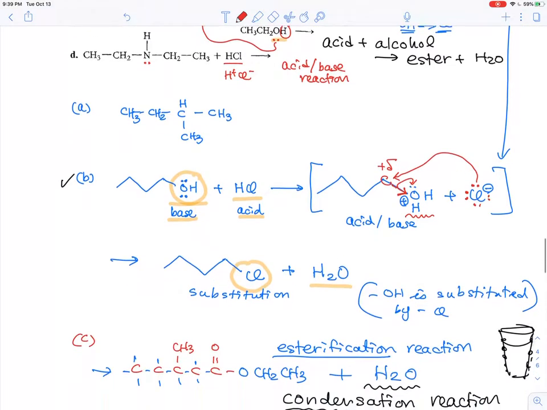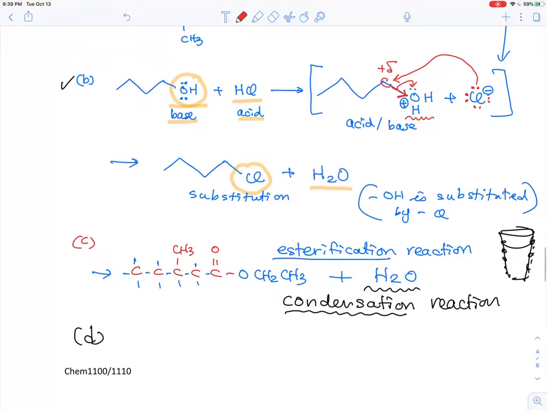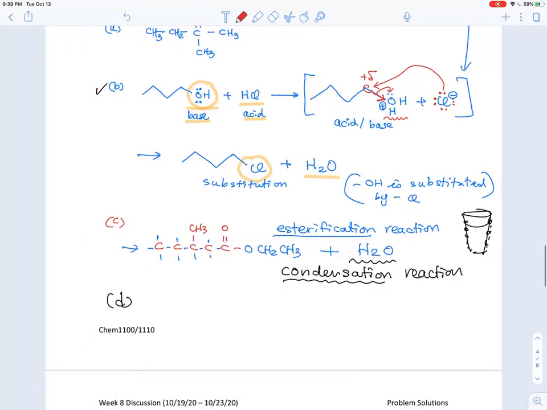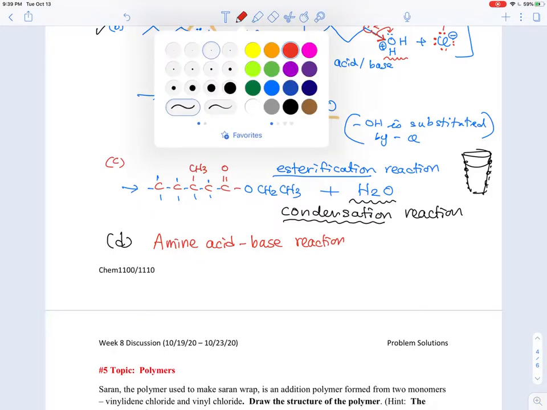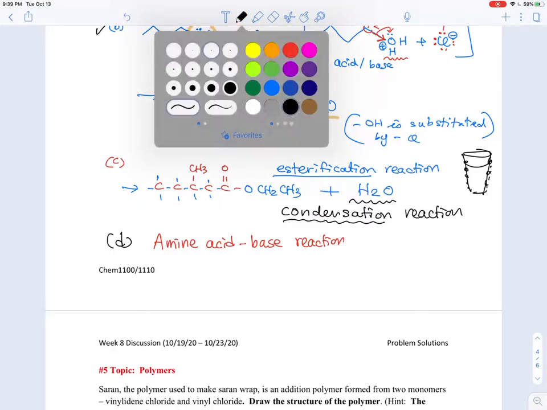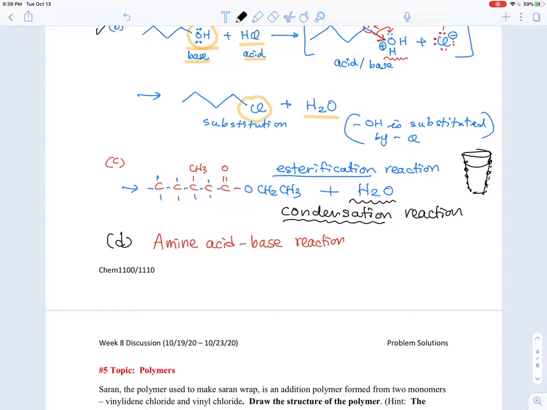Okay. So for the number D, your product for this one is simply called the amine acid base reaction. So this organic chemical reaction is to identify the major products.